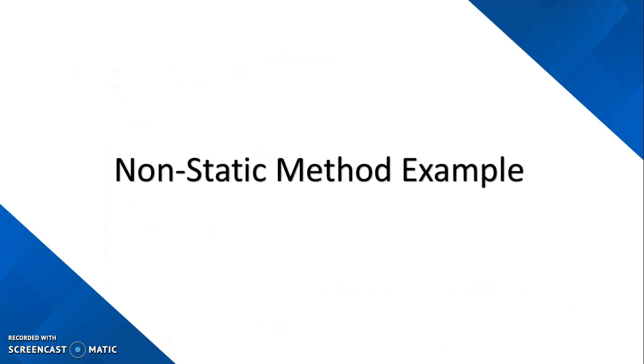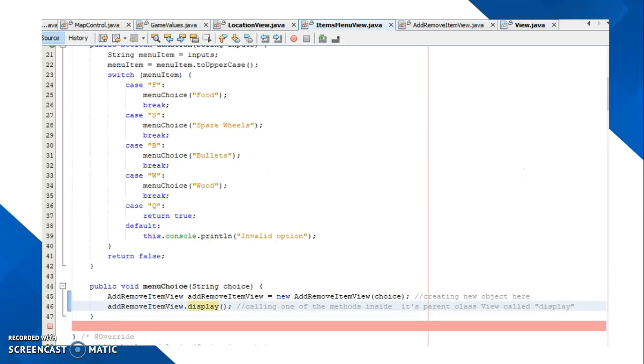Next, I will be showing you an example of a non-static method in our code. In this case, in Items menu view, we created a new object down here. And this is why this is a non-static method.